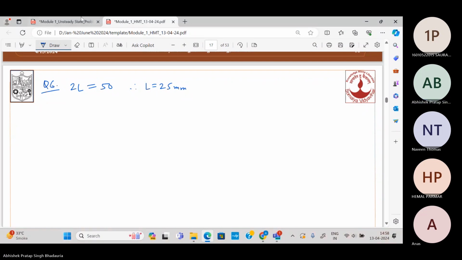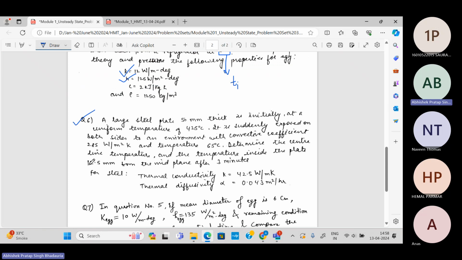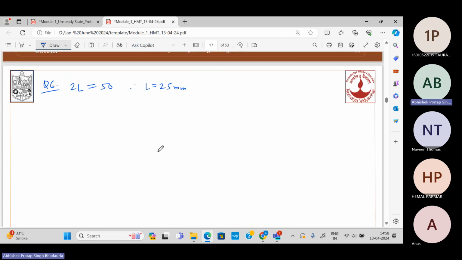So now we will calculate the Biot number first. The Biot number is h Lc by k.